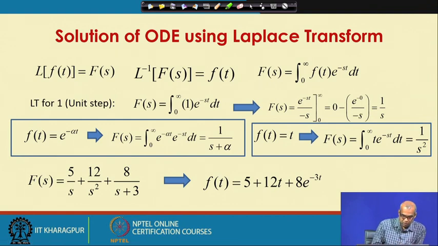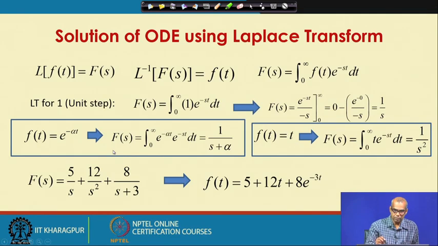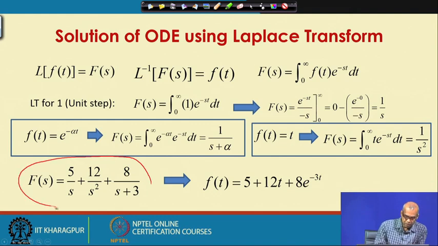So, if I have F(s), which represents a Laplace transformed quantity, the right hand side part represents the Laplace transformation of some function f(t).